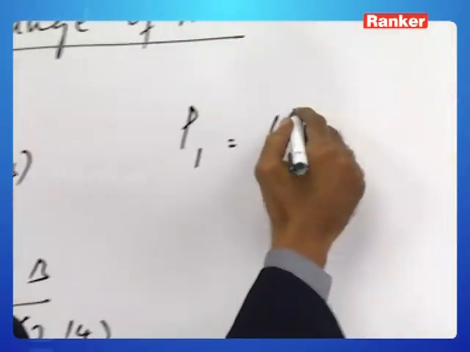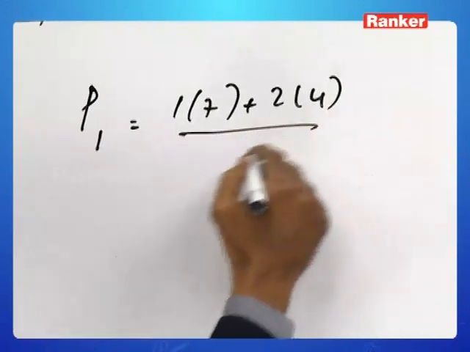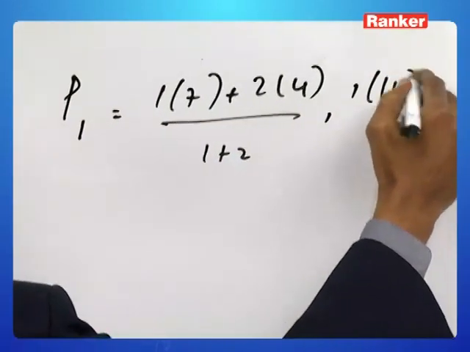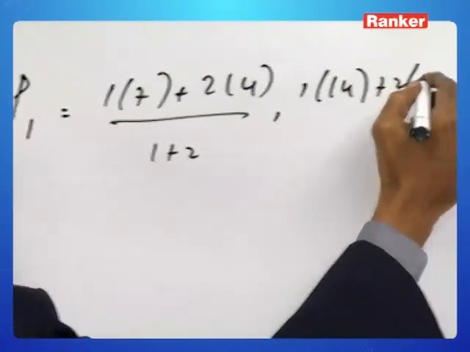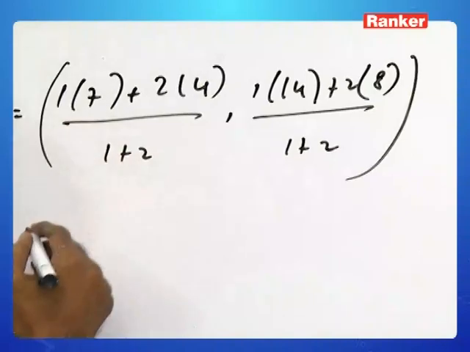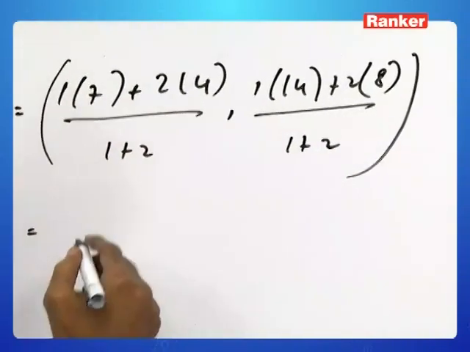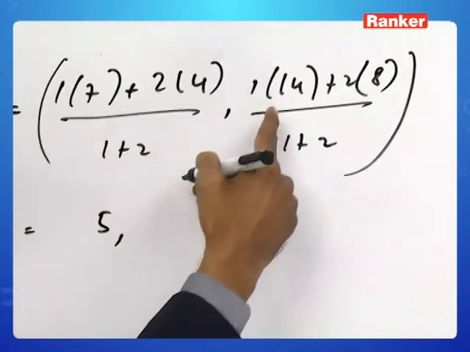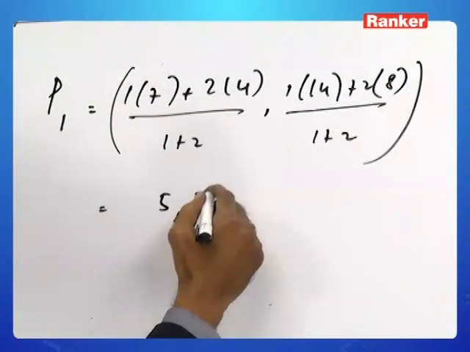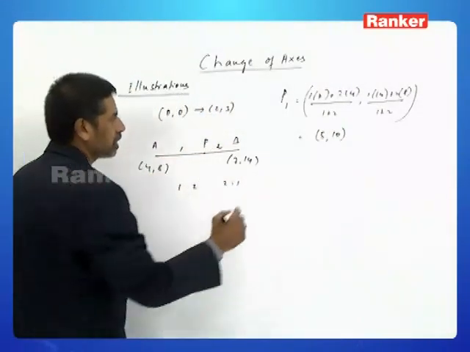Then (1 into 7 plus 2 into 4) by (1 plus 2), comma (1 into 14 plus 2 into 8) by (1 plus 2). This comes to 7 plus 8, 15 by 3 is 5, 14 plus 16 is 30 by 3, 10. So this is one possible location of P1.